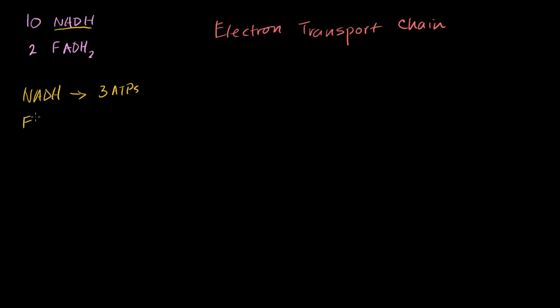And each FADH2, in a very efficient cell, in both of these cases, will be indirectly responsible for the production of 2 ATPs. And the reason why this guy produces fewer ATPs is because the electrons that he has going into the electron transport chain are at a slightly lower energy level than the ones from NADH.